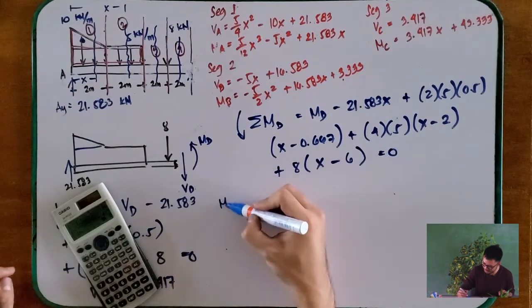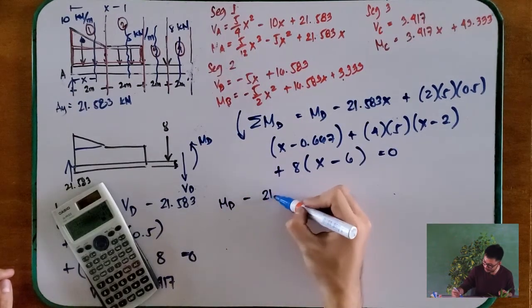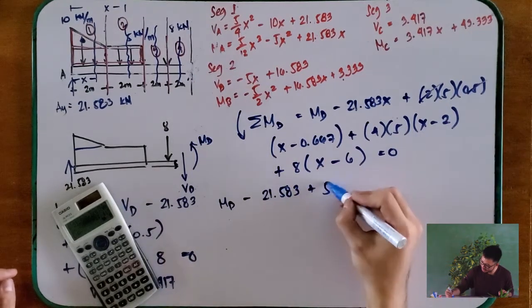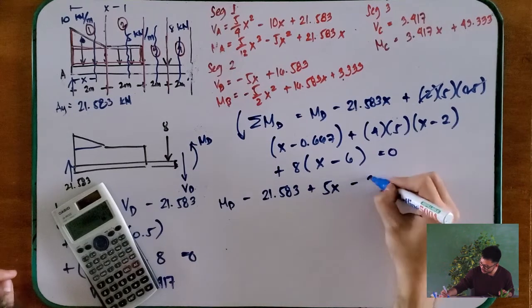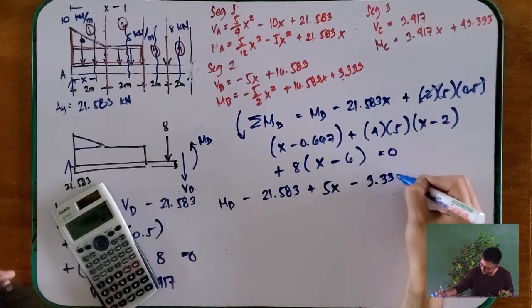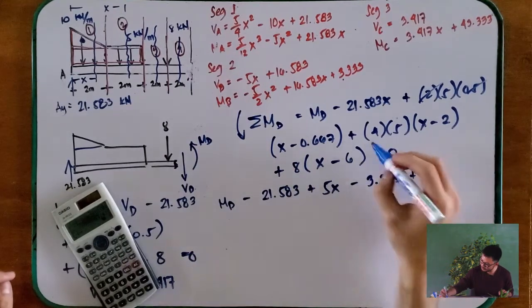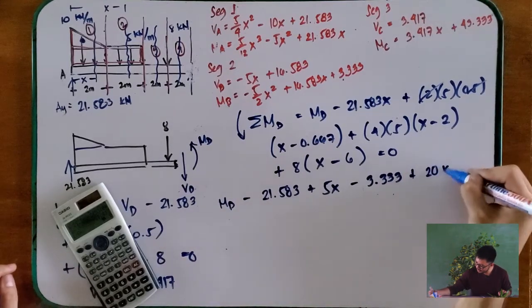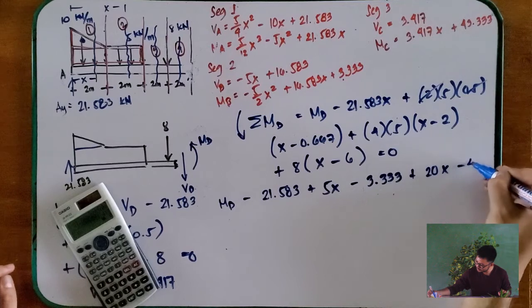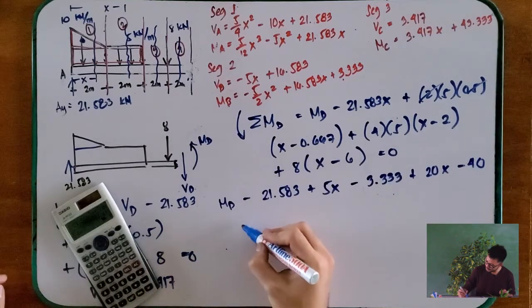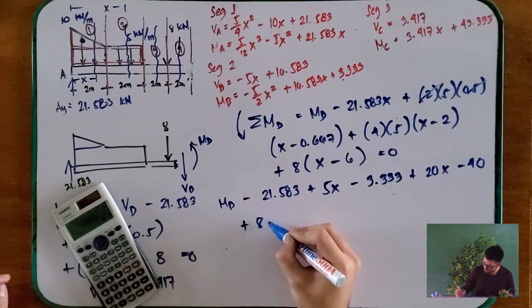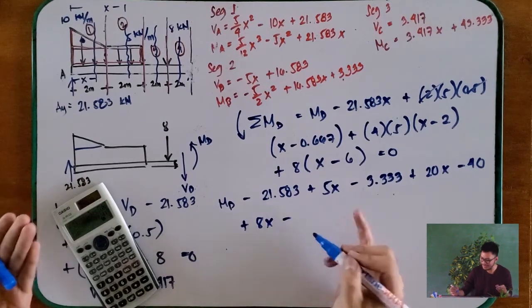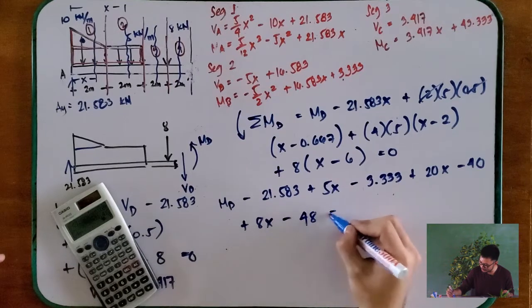So MD minus 21.583x plus 5x minus 3.333 plus 20x minus 40 plus 8x minus 48 is equal to 0.